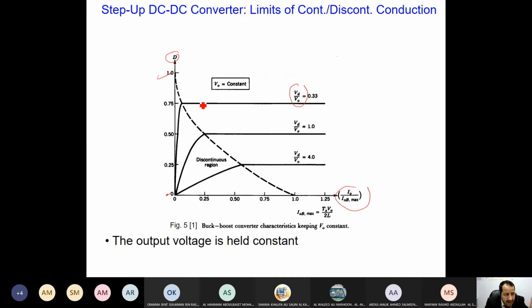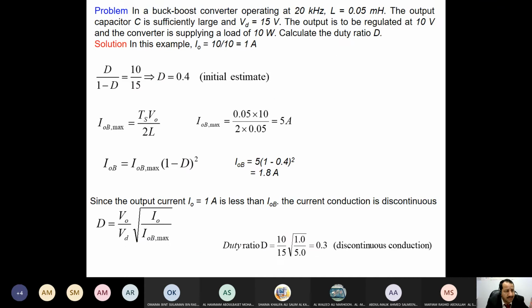These lines represent the linear, continuous conduction mode, while these curves, where the dotted line separates linear and non-linear, represent the discontinuous conduction mode. We also mentioned that for boost and buck, the same thing applies here.